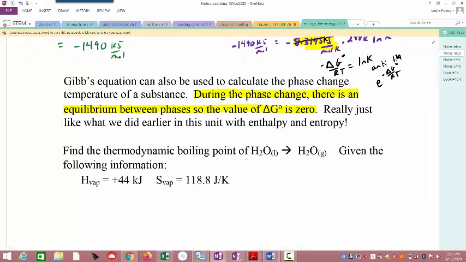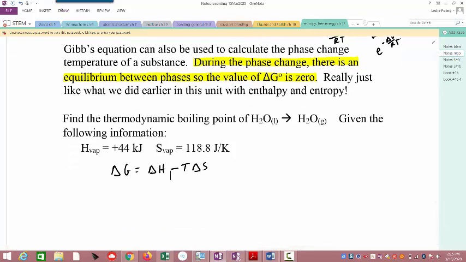So if we want to find the boiling point of this, delta G equals delta H minus T delta S. We want to find the boiling point, so we are solving for T. Delta G is 0.